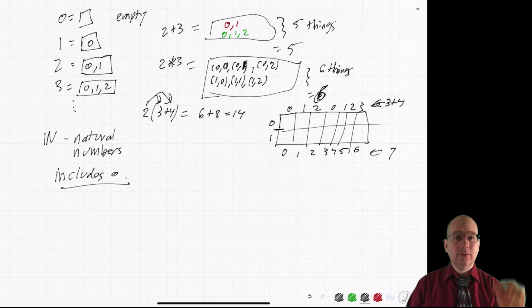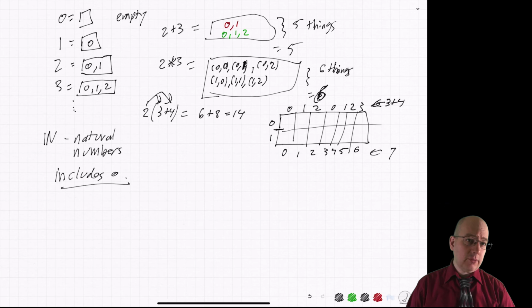You don't count with 0 because 0 is nothing. However, in math and computer science and so forth, starting with 0 is a pretty good thing, practically speaking. And in our construction, 0 was a natural thing to start with because that was nothing. Start with nothing. Okay, so that's natural numbers.